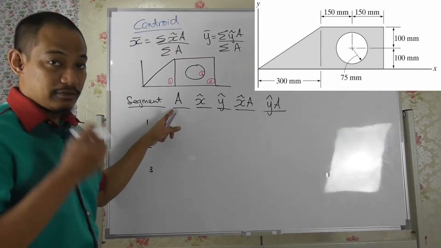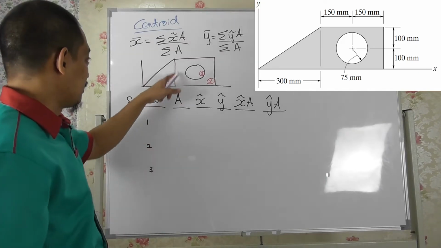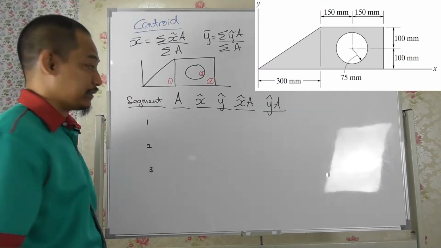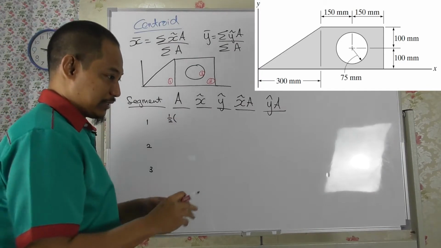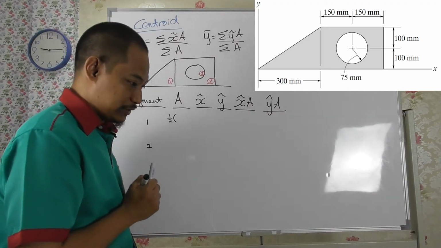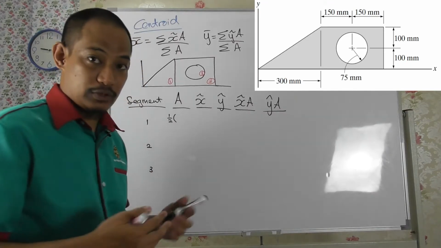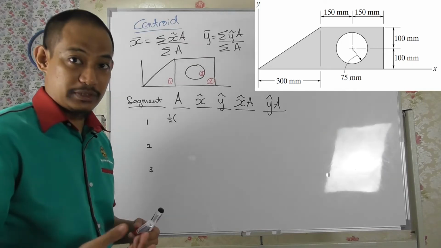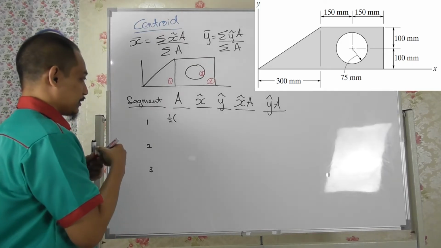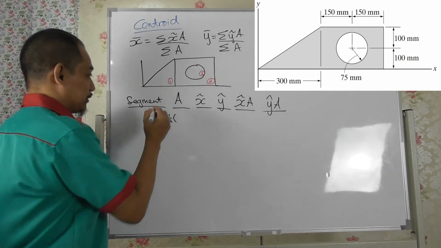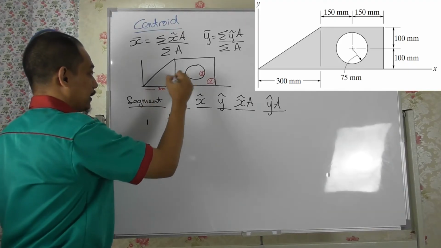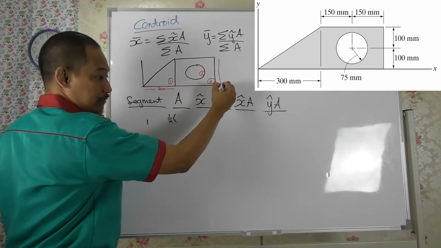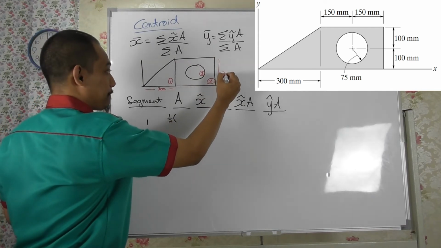So what is the area of number 1? It is the area of this triangle, so half times, okay, what is the dimension? I'm using millimeter. You can convert to meter as well, as long as you're being consistent. So here it is 300, and then the height here is 200.